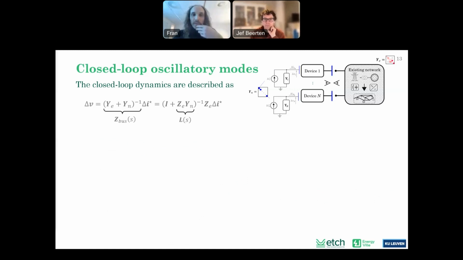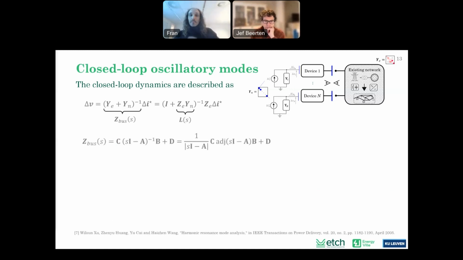And to do that, we simply rearrange the same description that we had before. And what we can observe is that the poles of this closed loop transfer matrix, which is the closed loop impedance, are the roots of this denominator, which, as you can see, contains the eigenvalues of the state space matrix description.